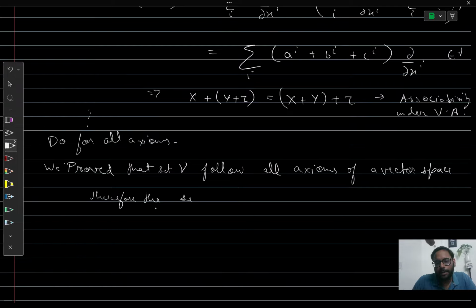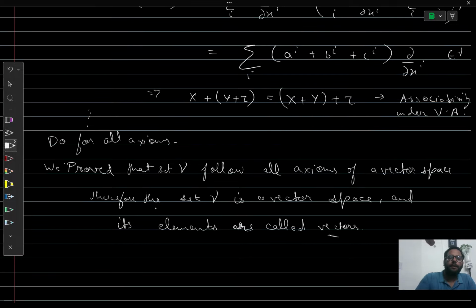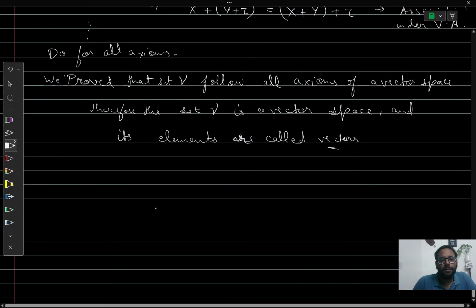Therefore, the set V is a vector space, and its elements are called vectors. Okay, now you know what the vector was.